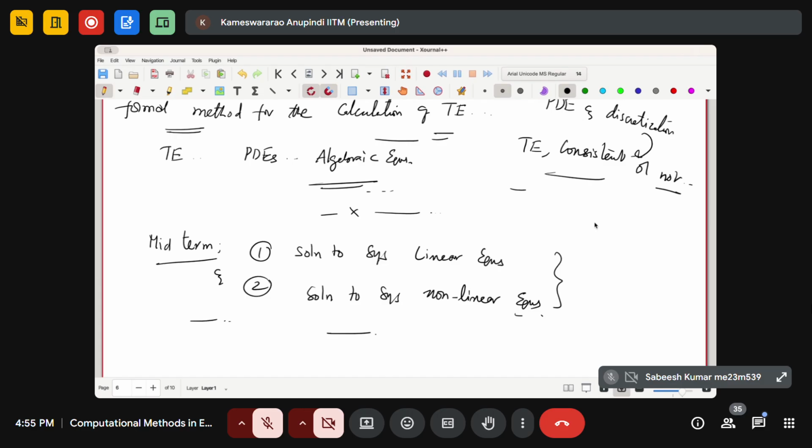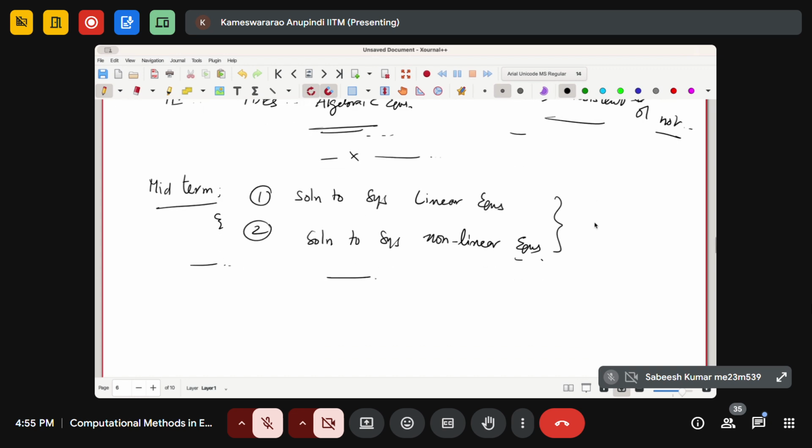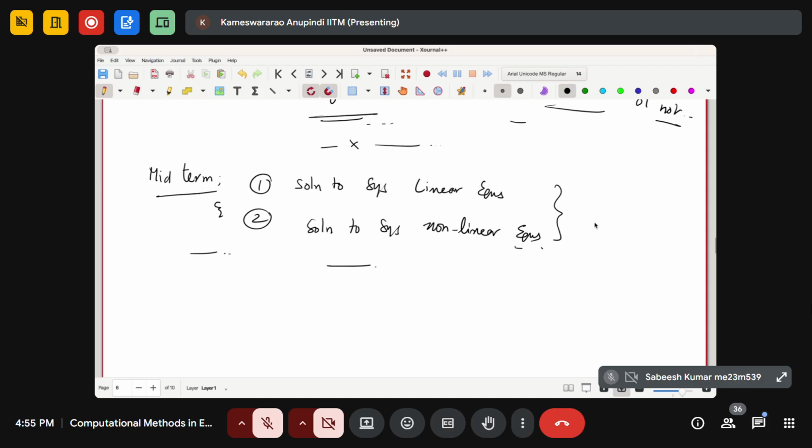No. The thing is, as we said before, we'll have the entire syllabus for the final exam. But what I'm trying to say is that when you learn ODEs or PDEs, these are the 4th and the 5th chapters. Now we are in the 3rd chapter, which is the basics of finite difference method.